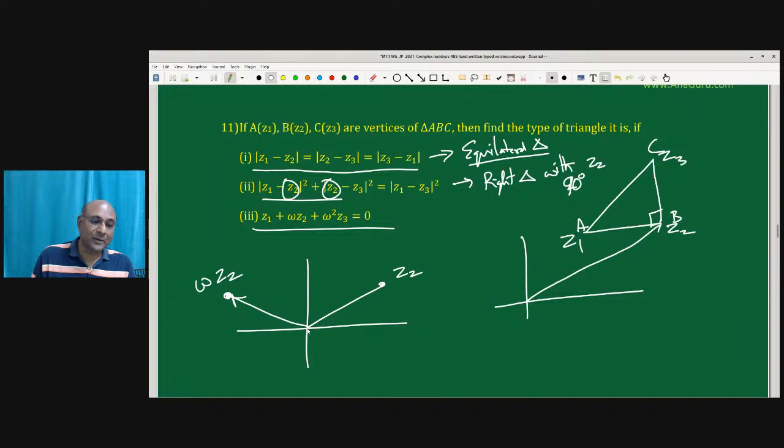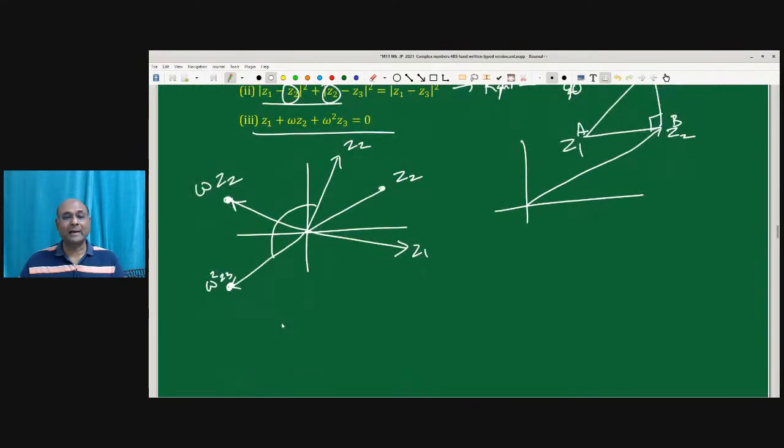But omega square Z3 will basically make an angle of, from Z3, I have to turn 120 degrees. This is omega square Z3. And we are saying Z1 plus omega times Z2 plus omega square Z3 is 0, which means all three of them add up to 0.